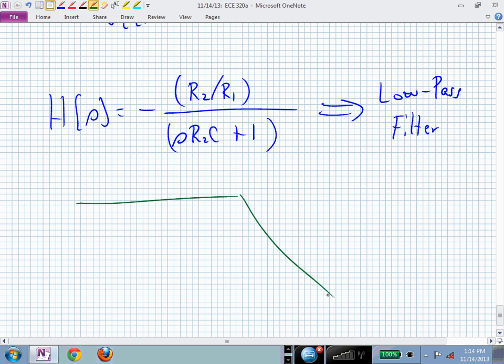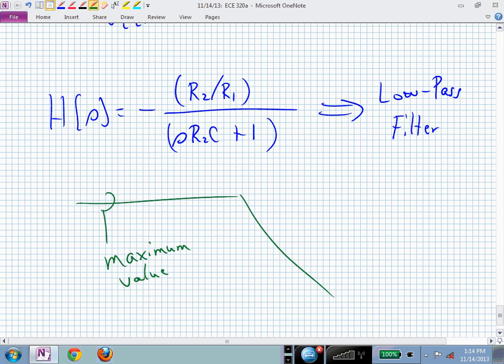a low-pass filter has this kind of frequency response, doesn't it, in terms of its magnitude? It's going to assume, although my sketch may not indicate it, at the lowest frequency is where it's going to have its maximum value, isn't it? So this is its maximum value, and you may be asked that on your homework. But if it's a low-pass filter, it's going to be maximum at DC.